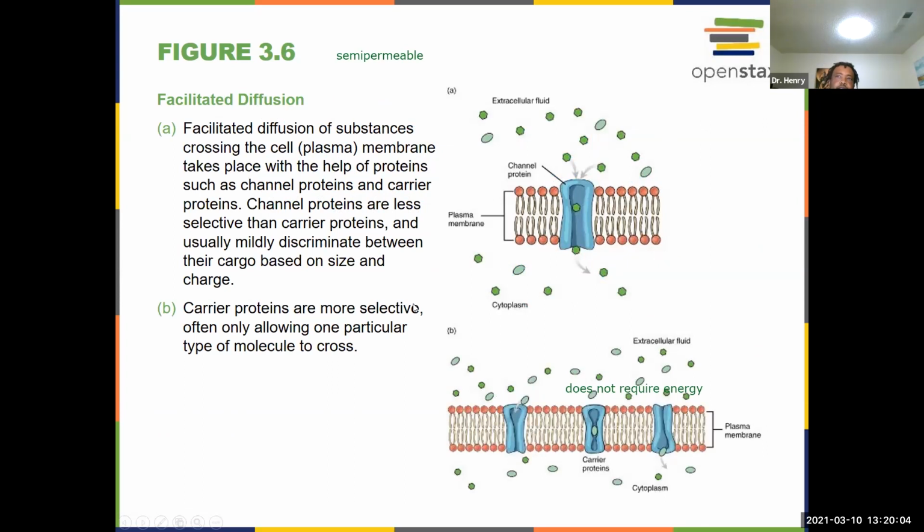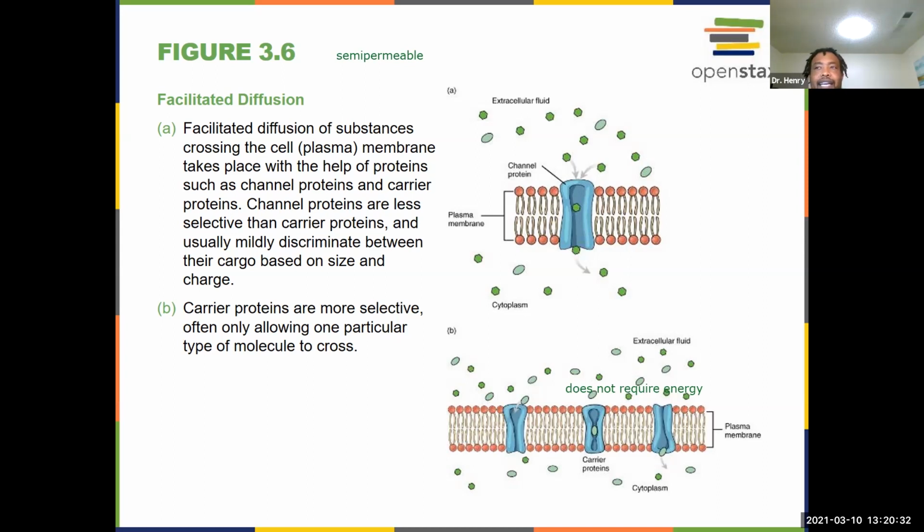Okay. We also have facilitated diffusion. Facilitated diffusion often does require some type of energy to control that process, but it works the same way. In this concept, we have a channel protein, and this channel protein allows charged particles, or selected particles, to go through.